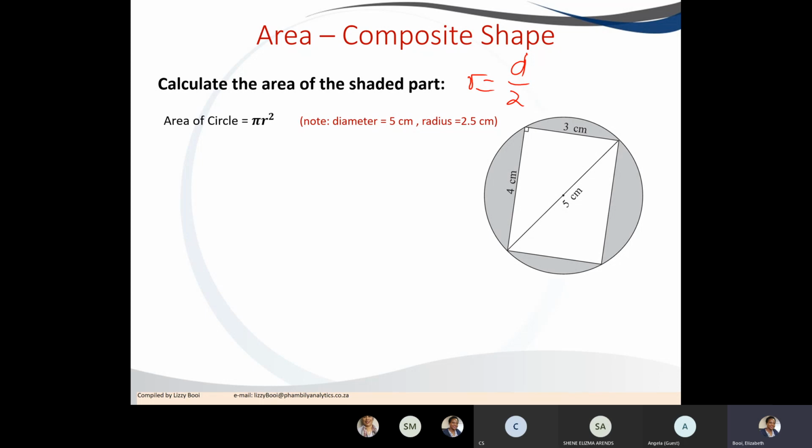So we are given the diameter of 5 centimeters, so we just say 5 divided by 2, which will give us 2.5. And that's how I got to the radius of 2.5.